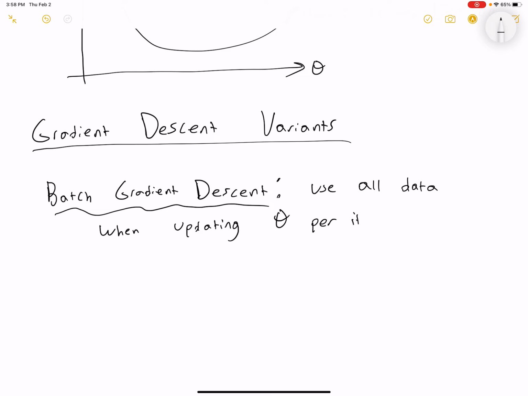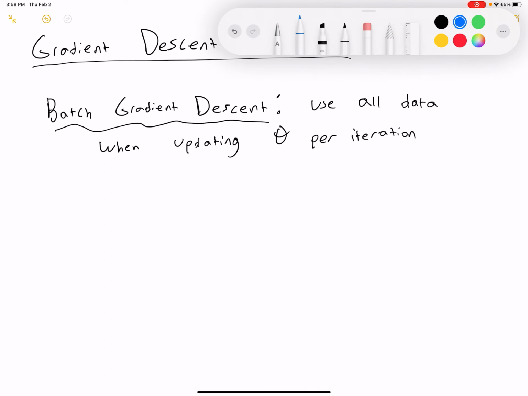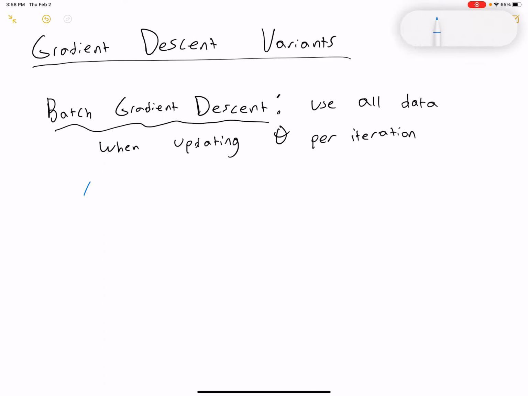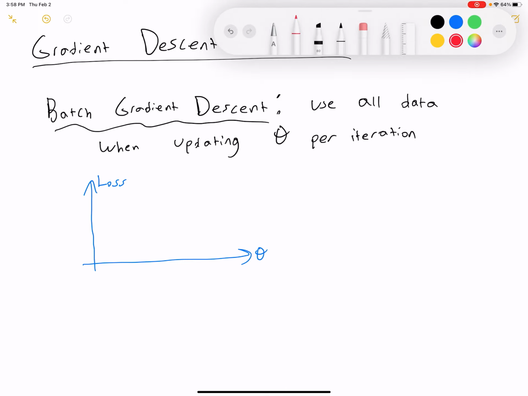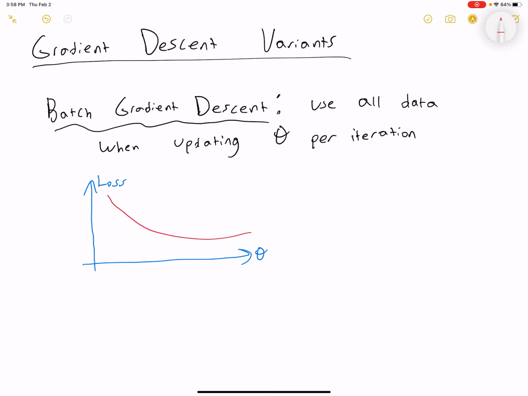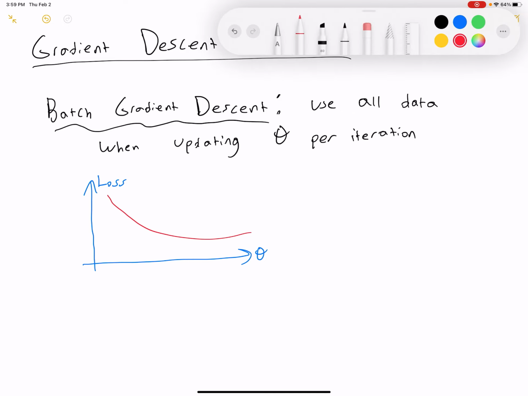When you train using batch gradient descent, you tend to get a curve like this. I always have to label the axes in this class because we saw what happens when we don't. There are all sorts of 2D plots we draw. Sometimes X is on the X-axis, but here loss is on the Y. Oh, sorry, I mislabeled this axis.